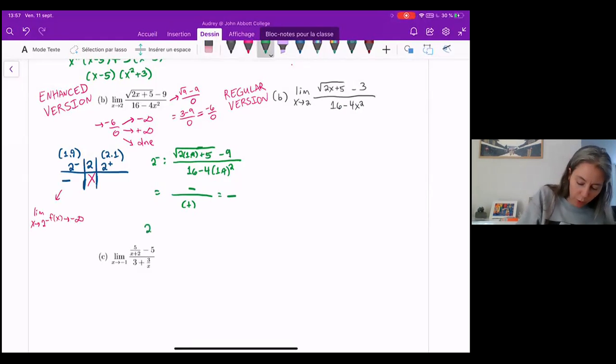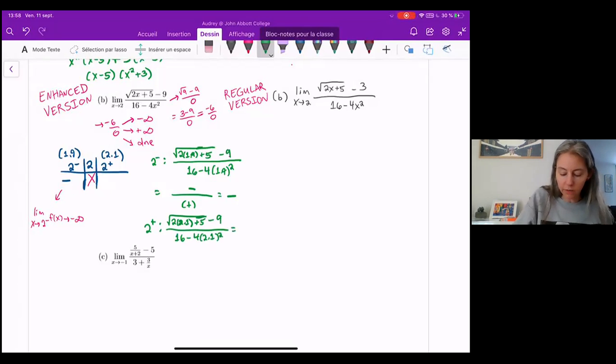And now if I do 2 on the right side, then I'm plugging in 2.1. I have the square root of 2 times 2.1 plus 5 minus 9 over 16 minus 4 times 2.1 squared, which gives me a negative on top still. I don't know why, I desperately want that to be positive.